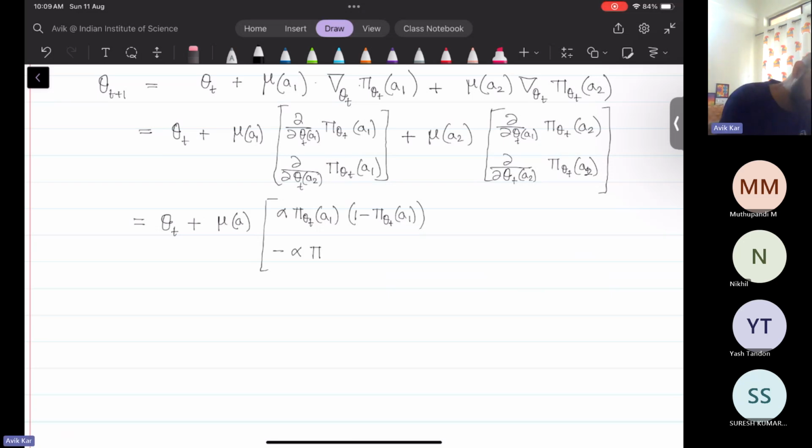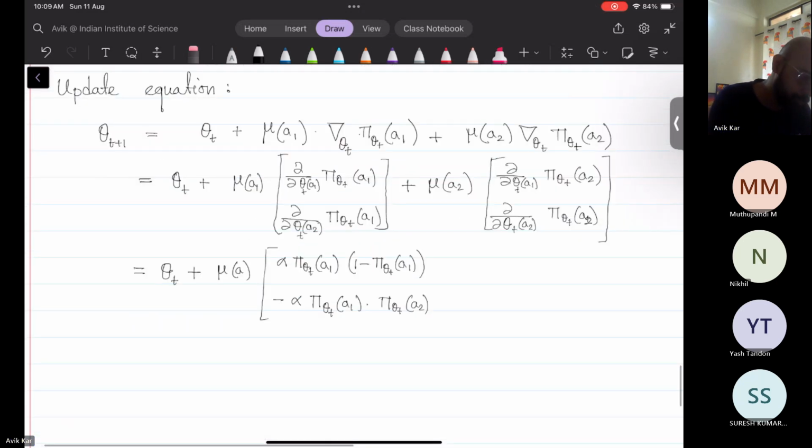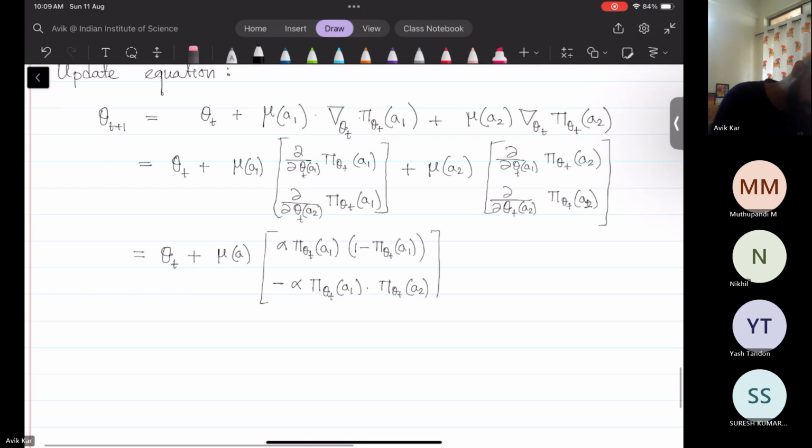This is alpha pi theta t a1 times pi theta t a2, right? That's what we have got here. And similarly, this is mu a1 plus mu a2 times minus pi theta t a2.